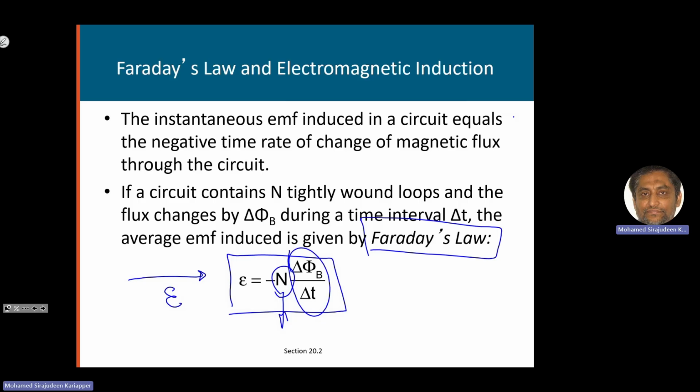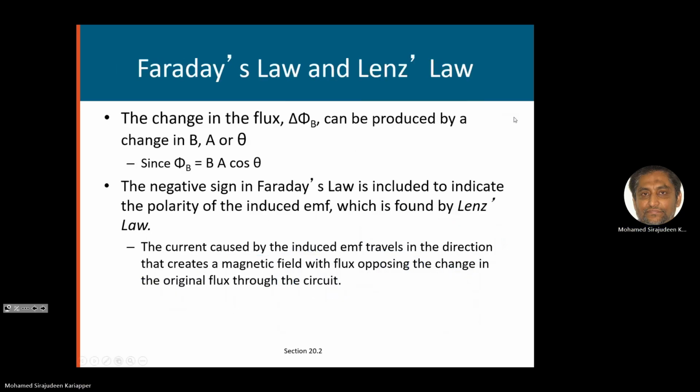The induced EMF is proportional to the number of loops and also proportional to the rate of change of flux. Delta phi means phi final minus phi initial, the change in a certain amount of time, t final minus t initial. That gives the rate of change of the flux, how fast the flux is changing with time. We know the equation for the flux is this.